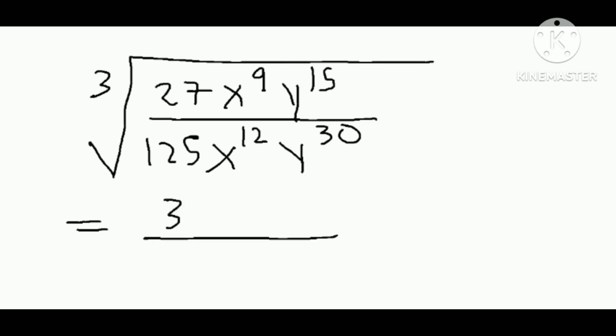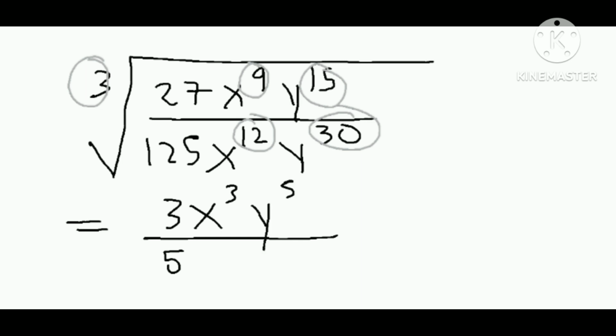And the cube root of 125, what times what times what is 125? It's 5. 5 times 5 times 5 is 125. So the cube root of 125, that's 5. Now notice that each of these exponents are divisible by 3. So it's best we apply the exponent. Let's divide everything by 3. 9 divided by 3 is 3. 15 divided by 3, that's 5. And 12 divided by 3 is 4. And 30 divided by 3 is 10.